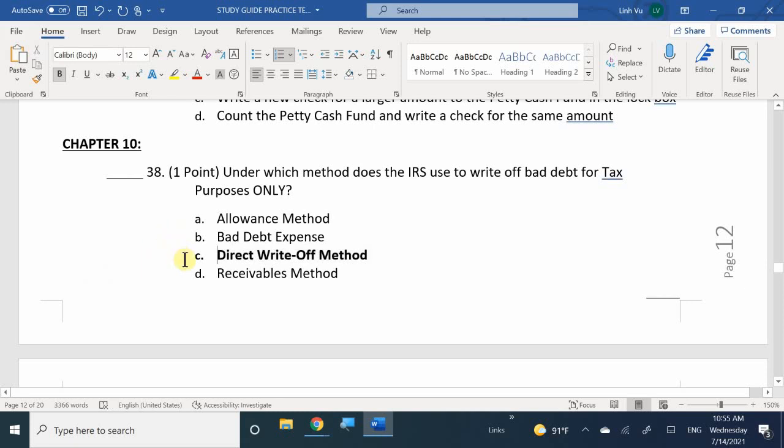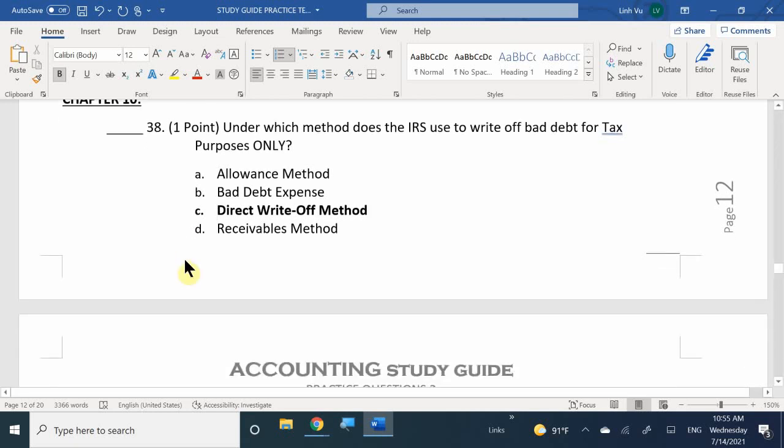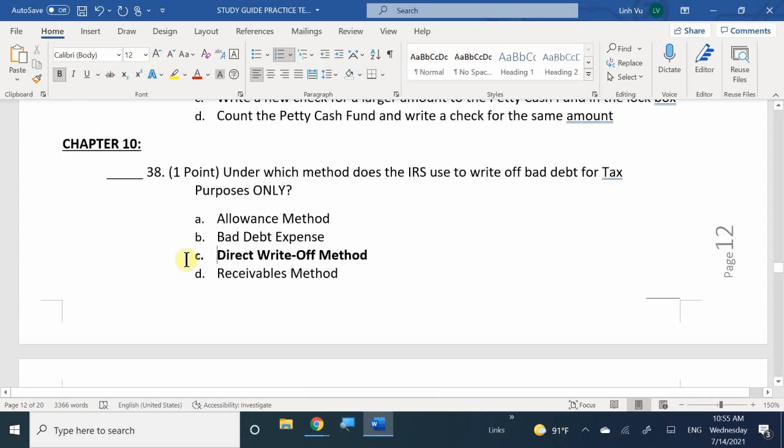So did you say C or B, as in boy? I was doubting between B and C, but at first I said B. Okay, good, so you got this the second time around. It is the direct write-off method, right? When we're talking about writing off bad debt, you have two methods: the direct write-off and the allowance method. The account that you're going to be using is the bad debt expense. Good.